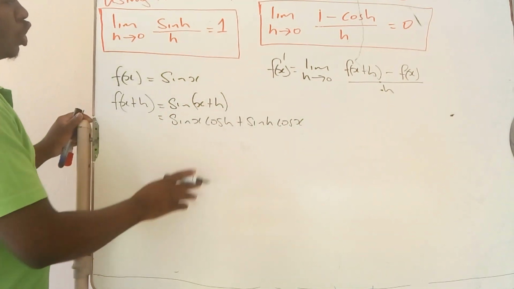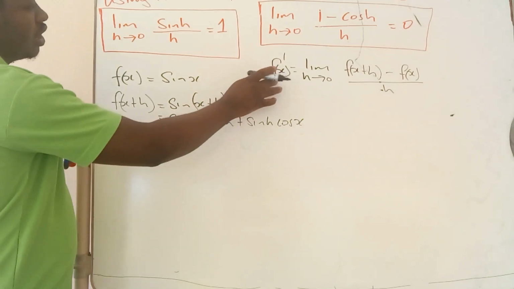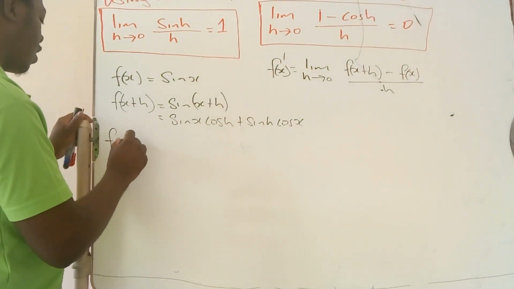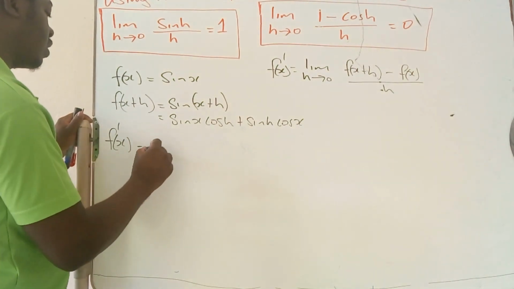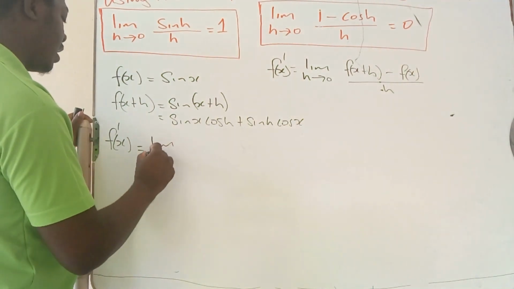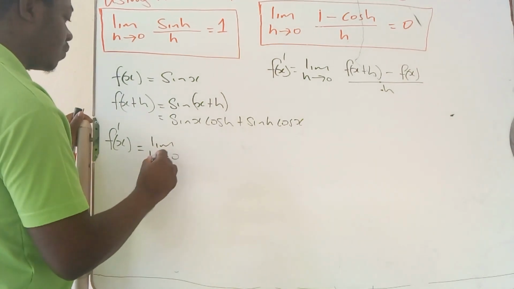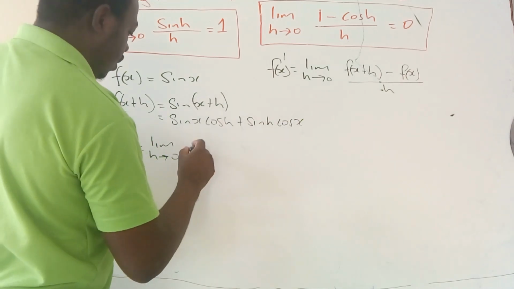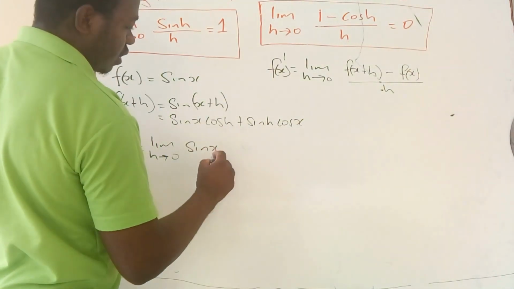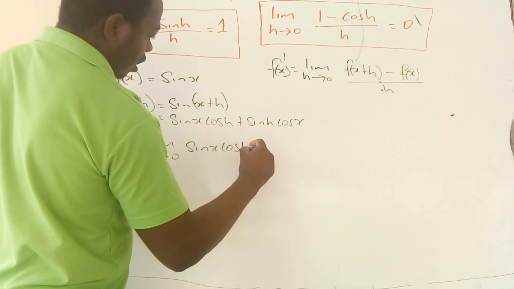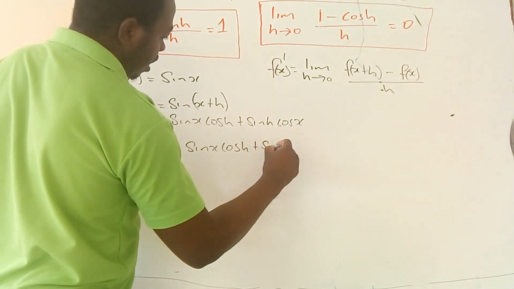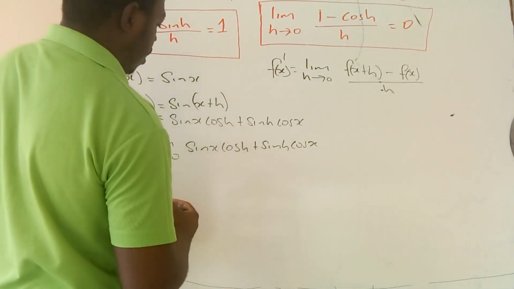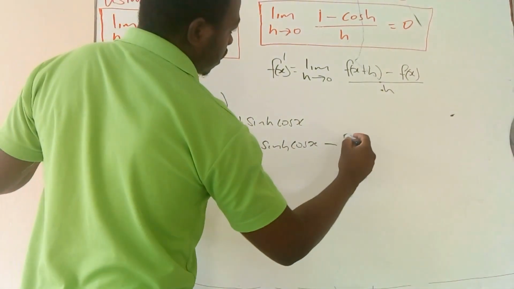Now we can just go ahead and put it in the derivative formula here. So therefore, the derivative of f of x is equal to the limit as h approaches 0 of f of x plus h, which is sine of x cos h plus sine of h times cos of x, all of that minus f of x.